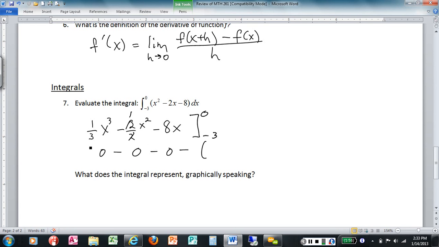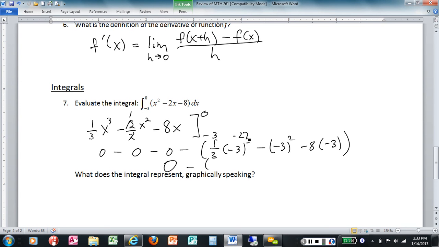Then I'd do the minus of the -3, so it'd be 1/3 minus 3 cubed minus -3 squared minus 8 times -3. All that, of course, that's 0. That's going to be -27. All right.